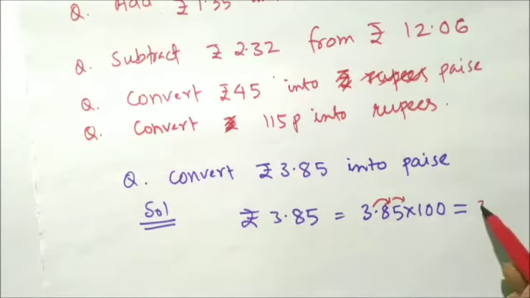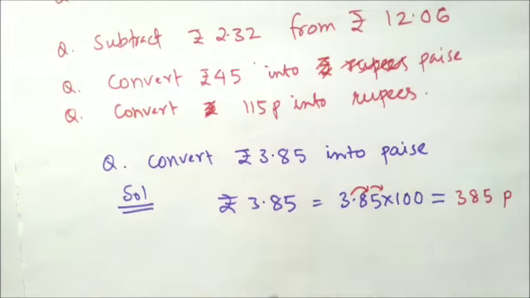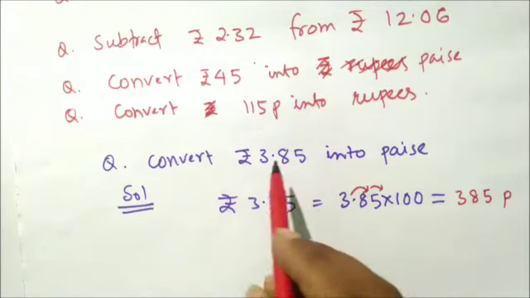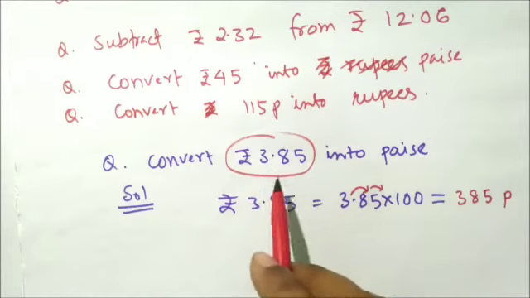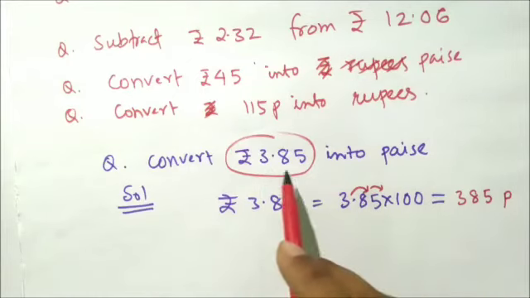So 385, the point will be here, but no need to write the point here. So the basic thing is, whenever you have rupees in decimal format, to convert them into paisa, just remove the point.